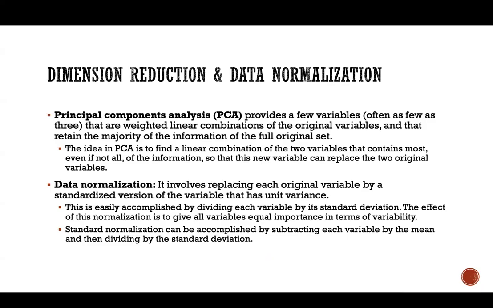So for customers, if we have several attributes, instead of using all of them, we could reduce the number of attributes we will be using, maybe let's say three. Those three are weighted linear combinations of the original set of attributes we had, but they retain the majority of the information in the original set.